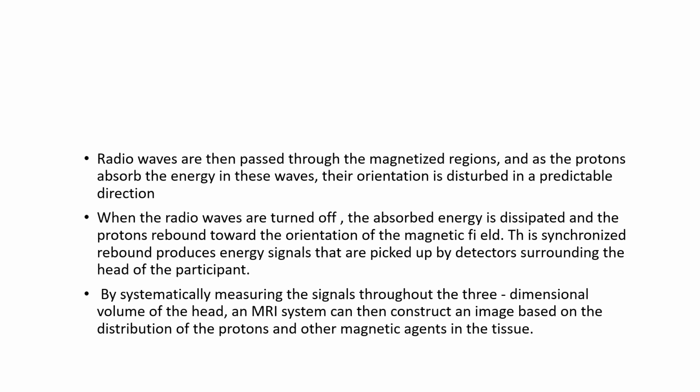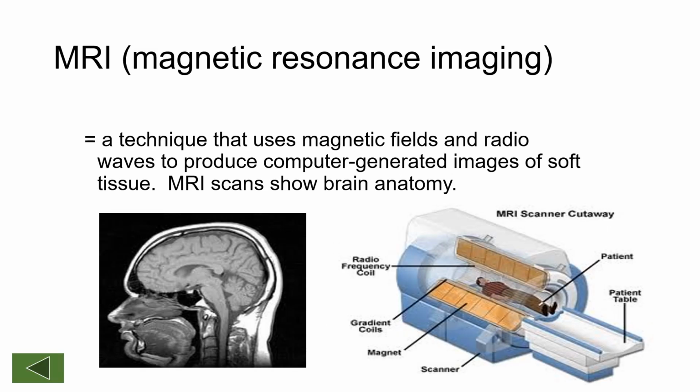So this is how the image is created. The energy signals developed because of the dissipation of energy construct an image. So we understand MRI is a neuroimaging technique that makes use of a magnetic field and radio waves to produce computer generated images of soft tissue.